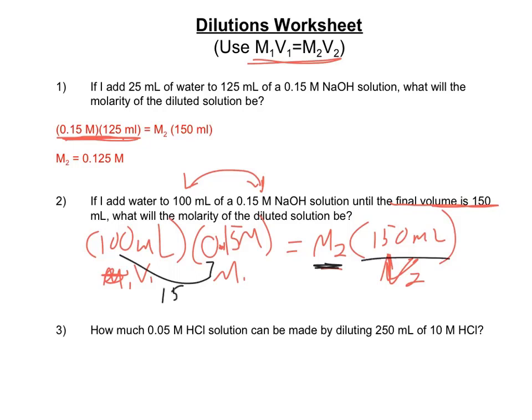And then we divide both sides by 150. So 15 divided by 150 equals 0.1 molar.